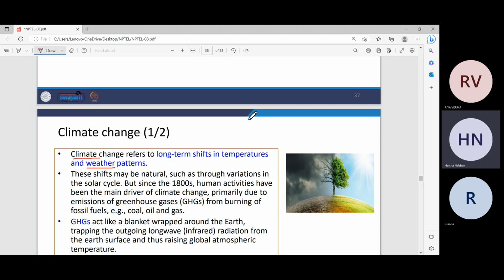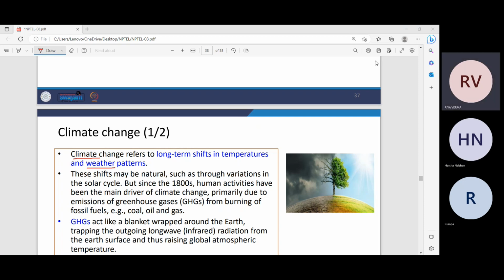Weather is the day-to-day meteorological changes in the surroundings, ma'am, while climate is the long-term changes of meteorological phenomena like rain and heat, ma'am. Yeah, true. Good, Harsha. It's correct. Weather basically refers to the short-term changes.